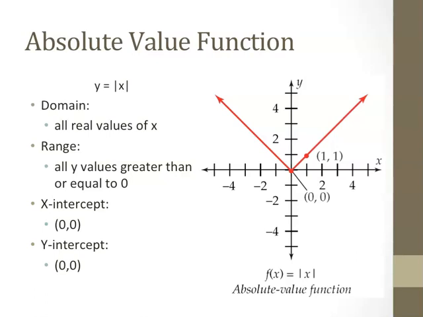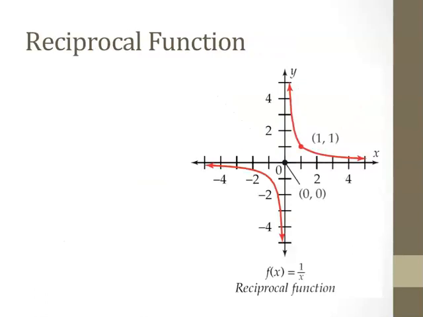All right, the next function is the reciprocal function, and that is the function y equals 1 over x. Now, in terms of the domain, the only restriction you have is you can't have a 0 in the denominator. So in terms of your values of x, they can be any real number except for 0.